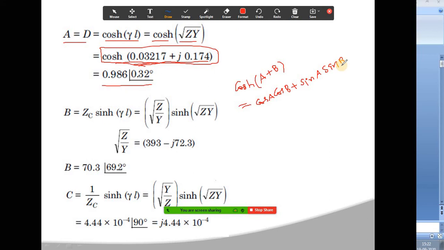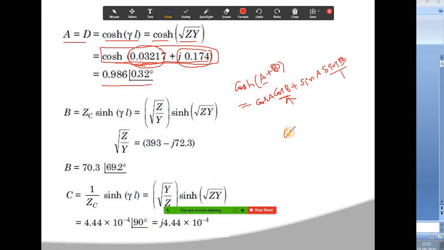Now here a is this value, 0.0327, and the b value here is j 0.174. That means a is a real number and b is purely imaginary. So cosh b is of a complex number.